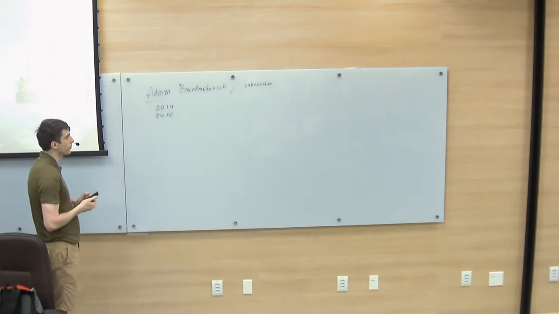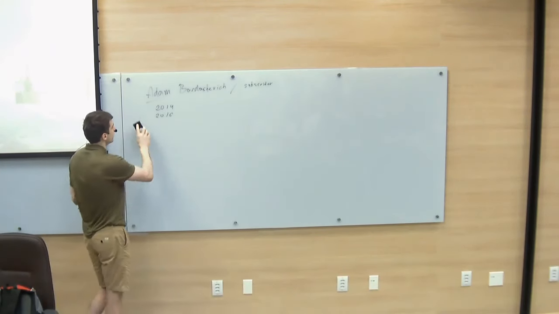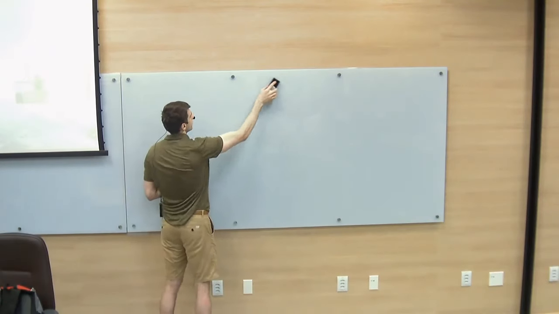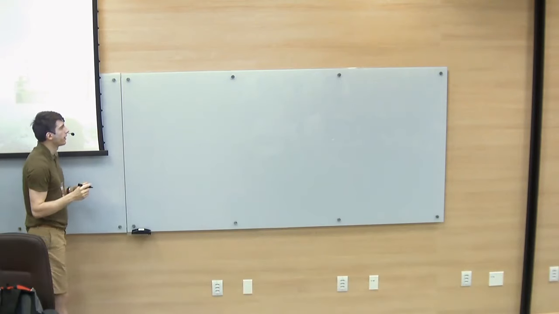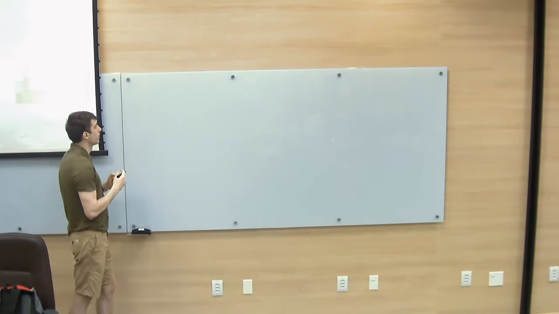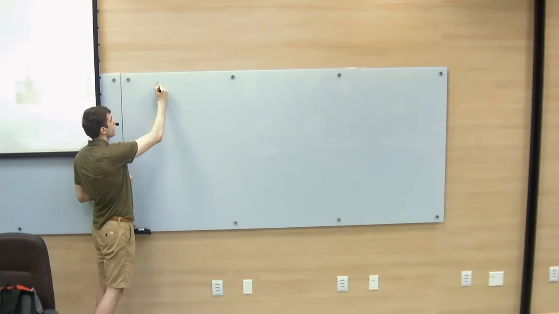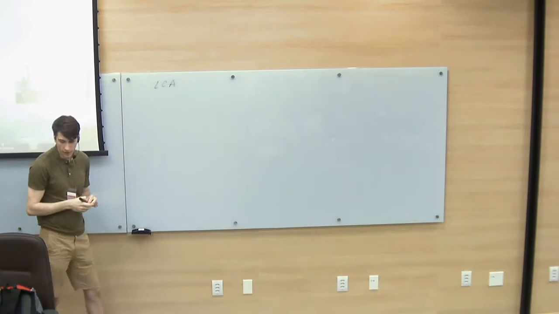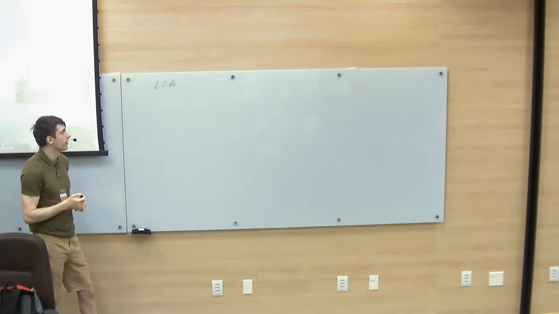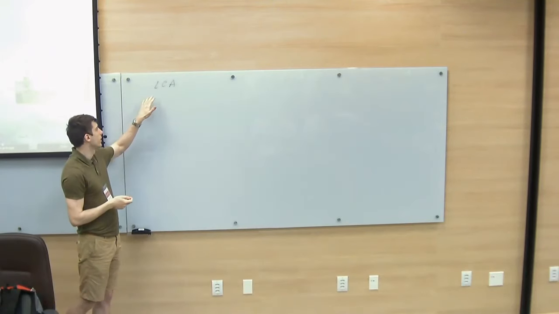So today's topic is queries on trees, and as our general query, we will consider the LCA problem and a lot of different problems that are related to this one.